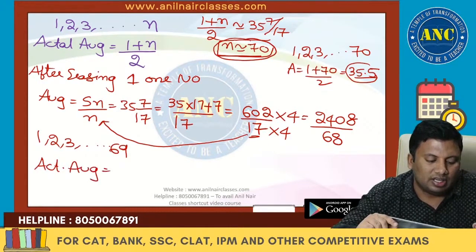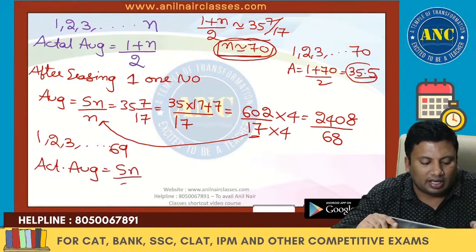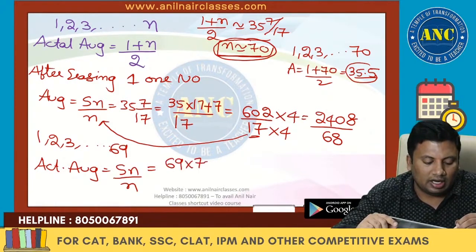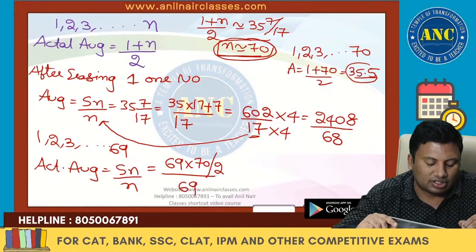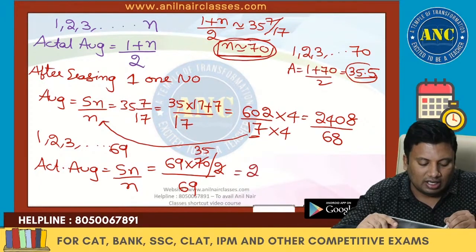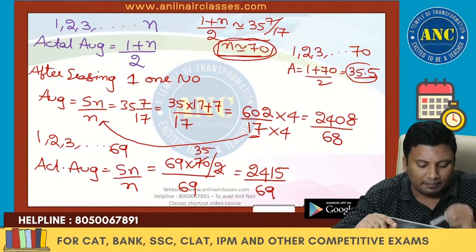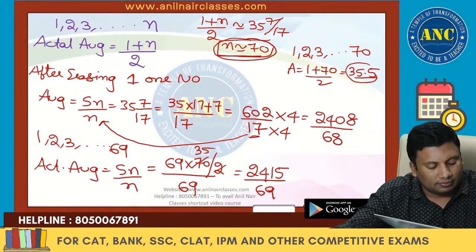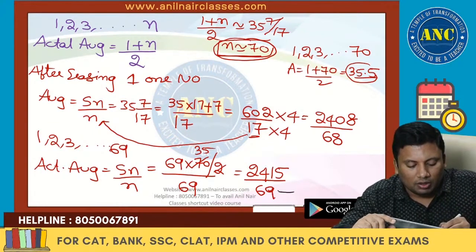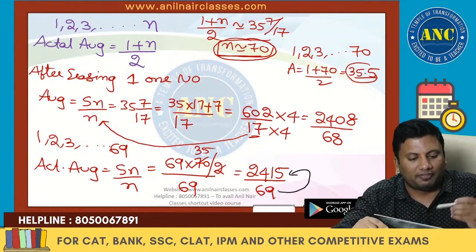What is the actual average? The actual average is Sn/n. The sum of the first n natural numbers is n(n + 1)/2, divided by n, which is 69. So 69 times 35 is 2415. There are 69 numbers on the board whose sum is 2415.